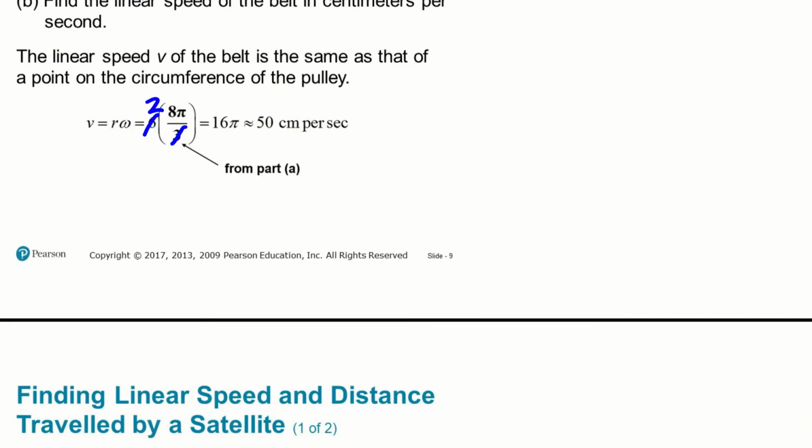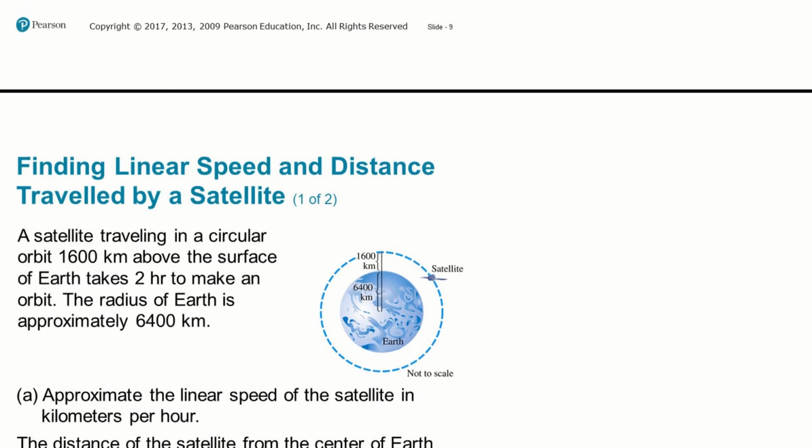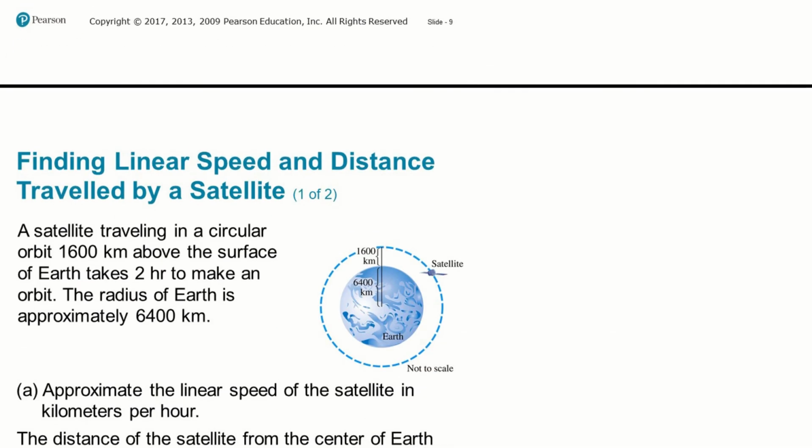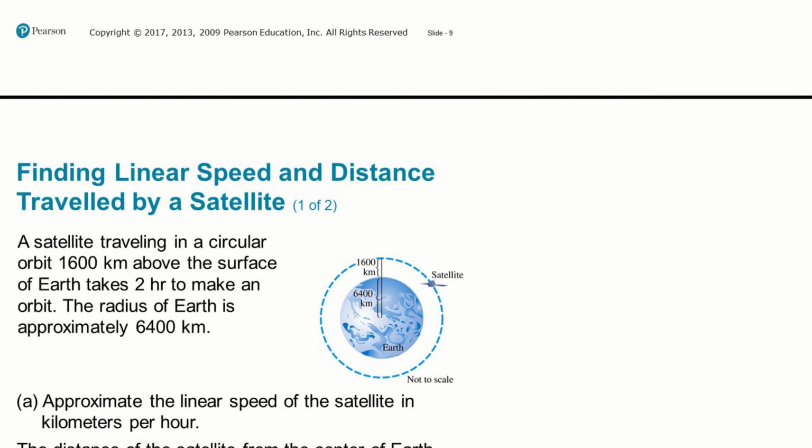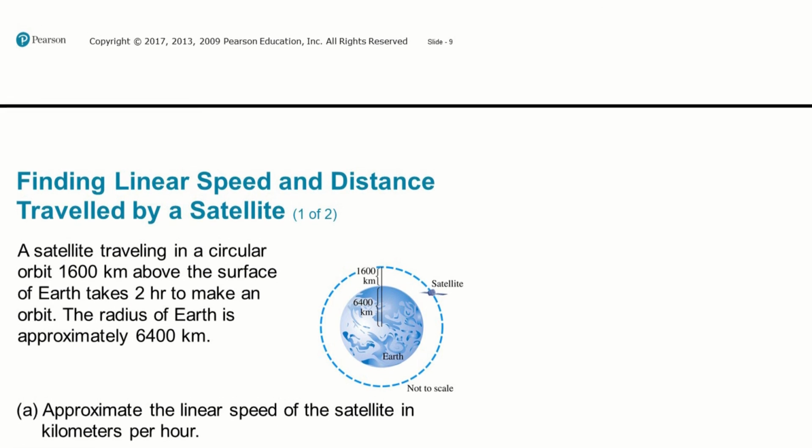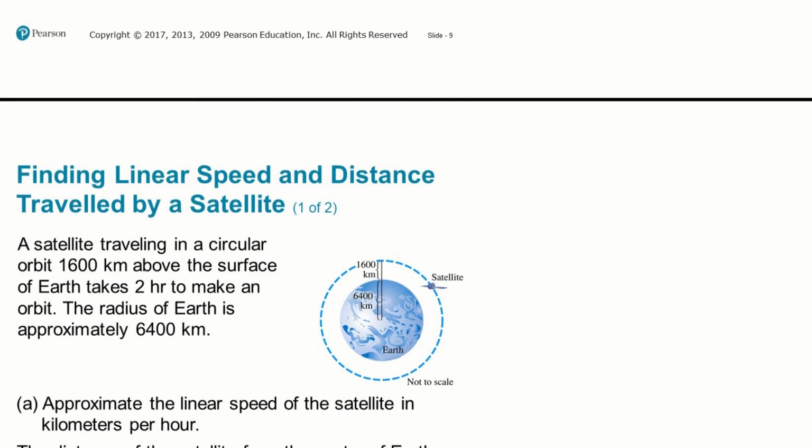Let's take a look at one more example. In this case, you have a satellite that's orbiting the Earth. And we know that the satellite itself is actually 1,600 kilometers above the surface of the Earth.